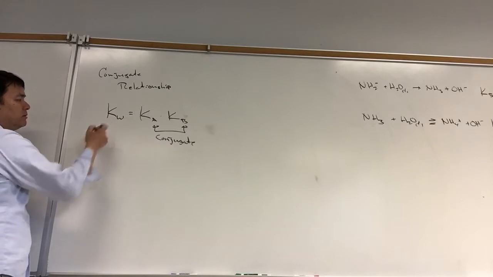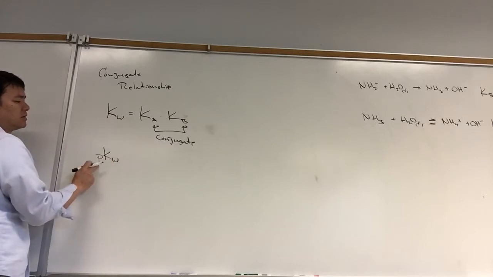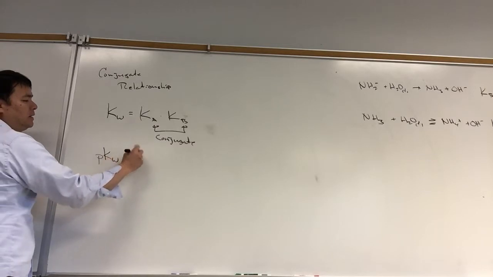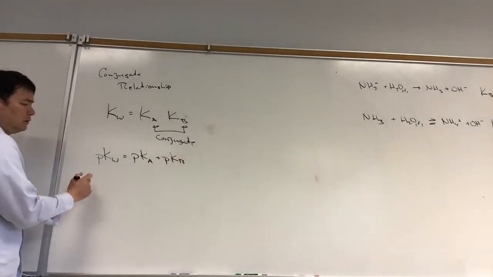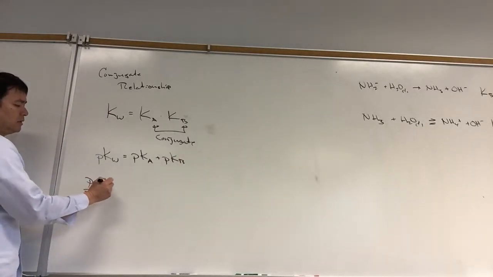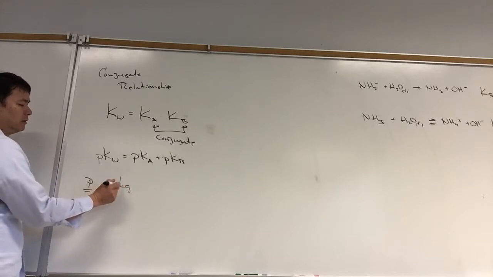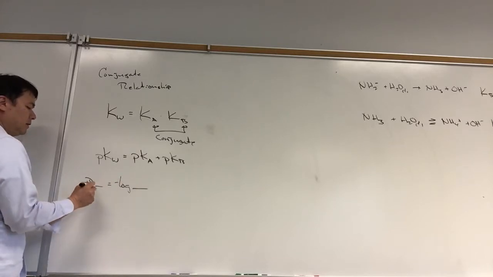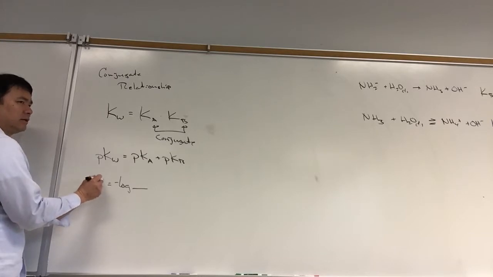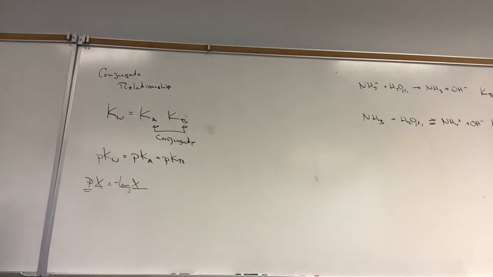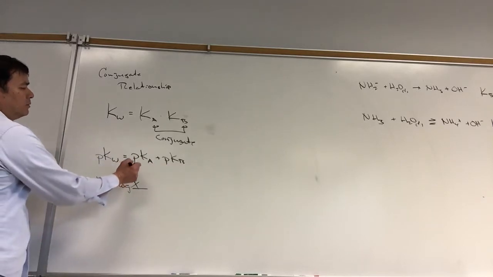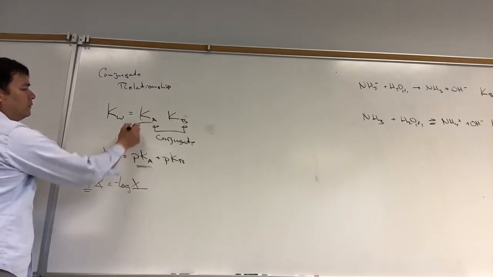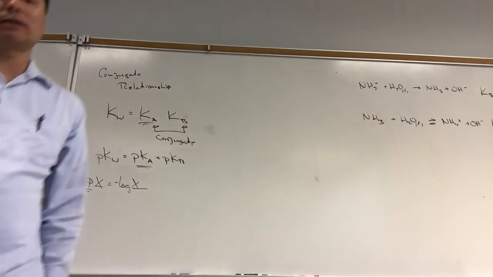That is, the pKw is equal to the pKa plus the pKb, where the pK is just the negative log, base 10, of whatever you're looking at. So pX is equal to the negative log of X. This is an alternate way of doing it. Our book has it in both the Ka form and the pKa form. The pKa form is just more compact.